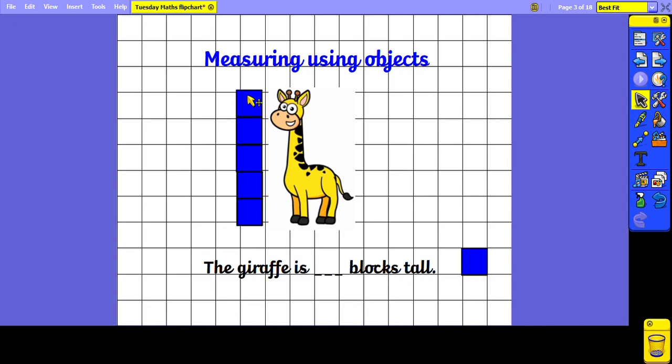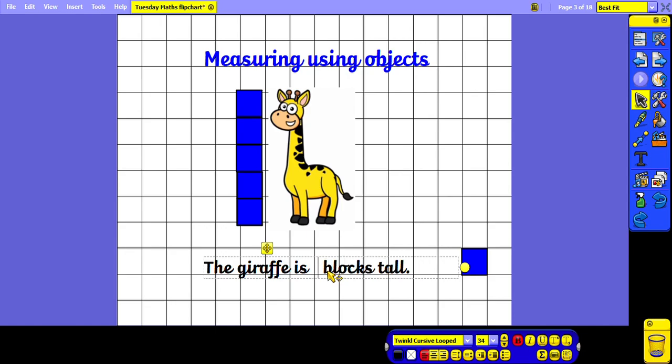And then when I am in line with the giraffe, I can stop. So to work out the height, I count how many blocks I have used. So 1, 2, 3, 4, 5. The giraffe is 5 blocks tall.